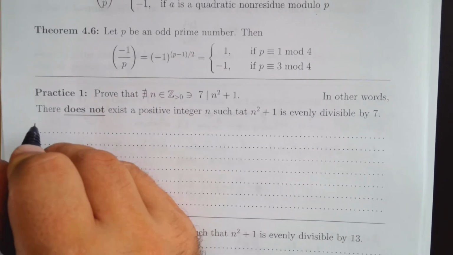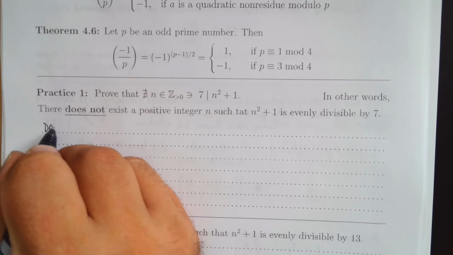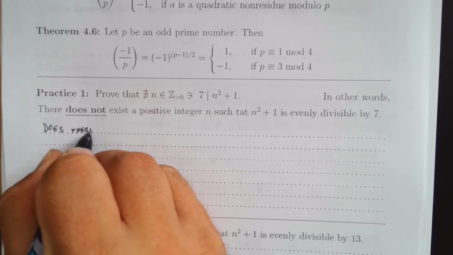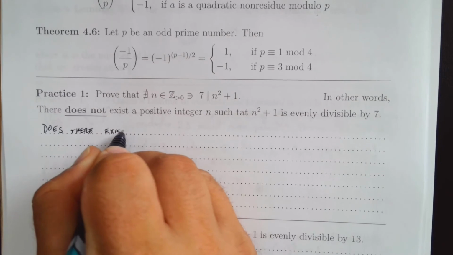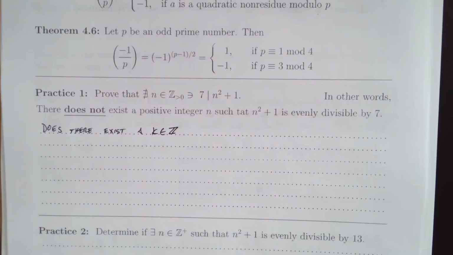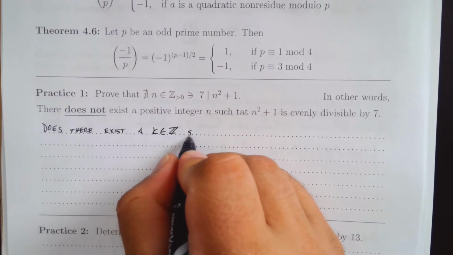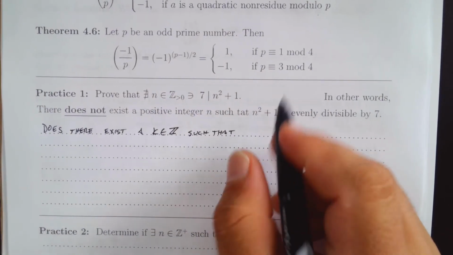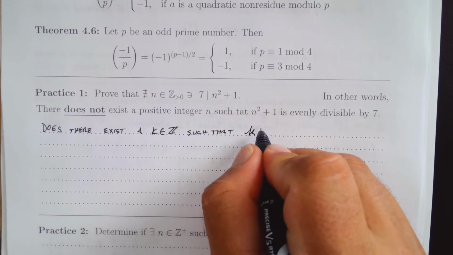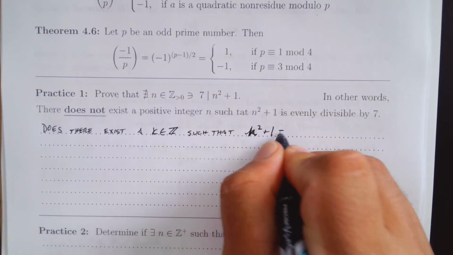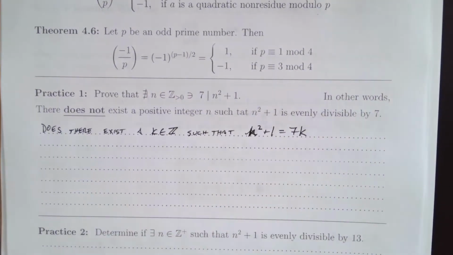Does there exist a k in the set of integers such that n squared plus 1 is equal to 7k?